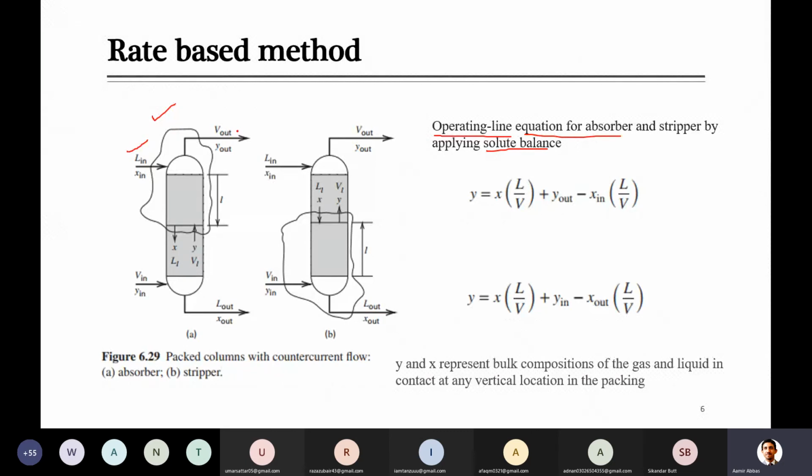So the purpose of the operating line, our derivation of the operating line, is to get some equation which actually links y and x. If you just recall from the tray tower design, we used to derive an equation which can link values of y and x.